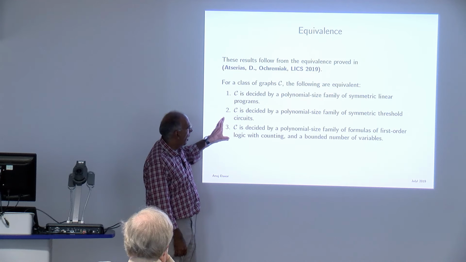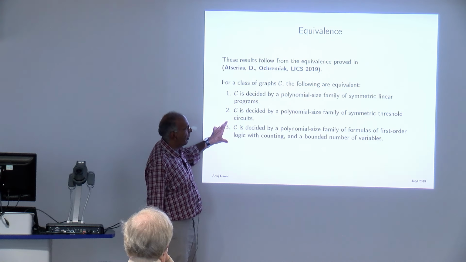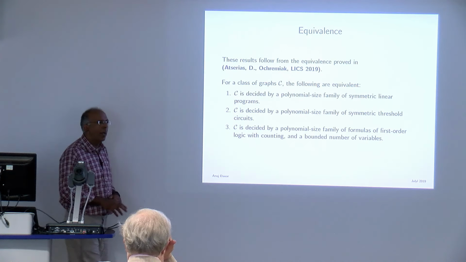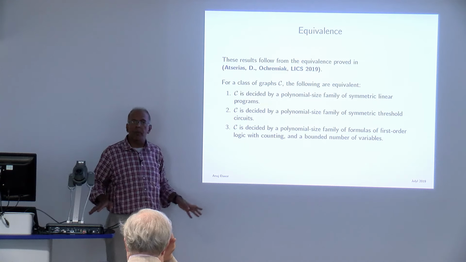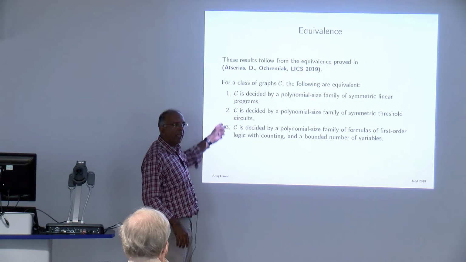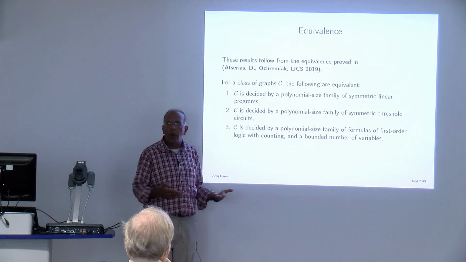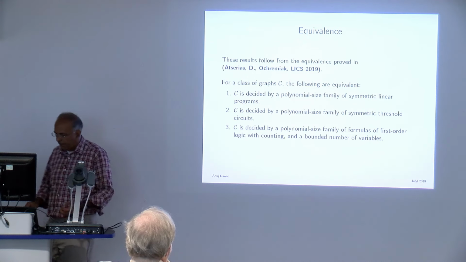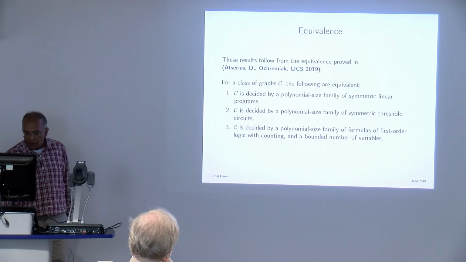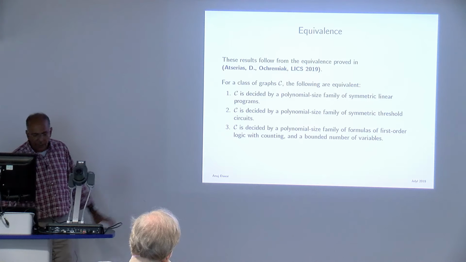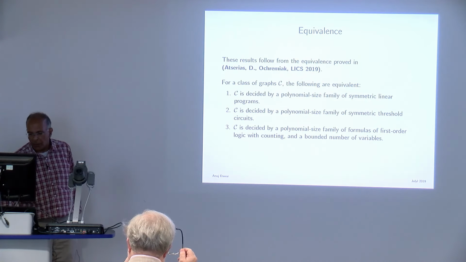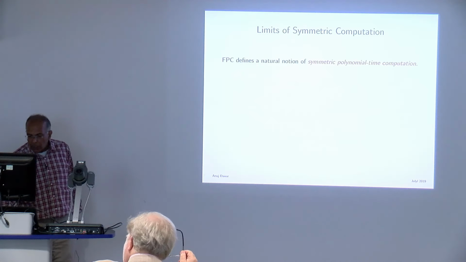You can look at it as polynomial-sized families of first-order formulas with counting and a bounded number of variables, and we show that these three formalisms are all equivalent. Then the upper bound for matching and the lower bound for Hamiltonicity follow from known results about FPC. Okay, so I wanted to flash this recent result. I won't say anything about how we prove this because it would take me another hour. So I just want to conclude.